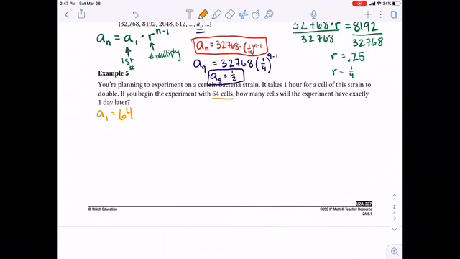And in this case, they told me that r, my common ratio, is that this strain is doubling. So I'm going to be multiplying by 2 each time because I'm going to be doubling. Okay, so that means my explicit equation is a sub n equals my initial amount 64 times the number I'm multiplying by each time, 2 to the n minus 1 power.